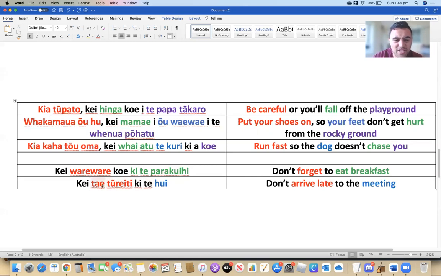So there's 2 kupu there, tae meaning to arrive, tū reiti being a loan phrase, which means too late. You can probably hear that, tū reiti, too late. So kei tae tū reiti ki te hui. Don't arrive late to the meeting. So we can see there, kei is at the start and then our verb. So we can express something that's similar to our kaua e sentence structure.